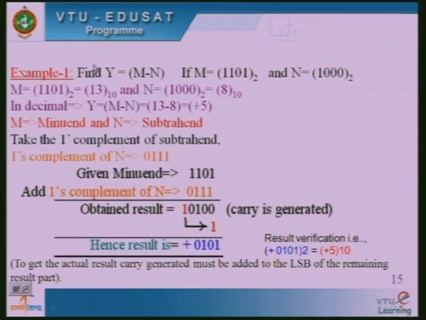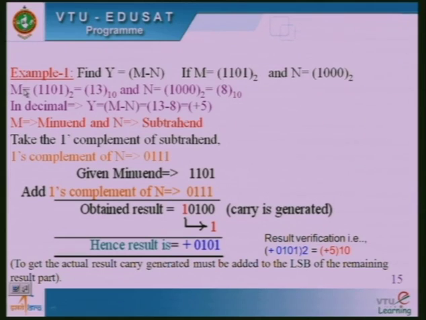Example 1: find y is equal to m minus n, if the m value is 1101 with base 2 and n value is 1000 with base 2. Here the decimal values are just for our convenience, to cross verify whether the result we obtain is correct or not.